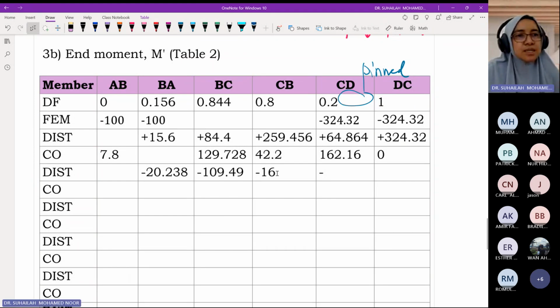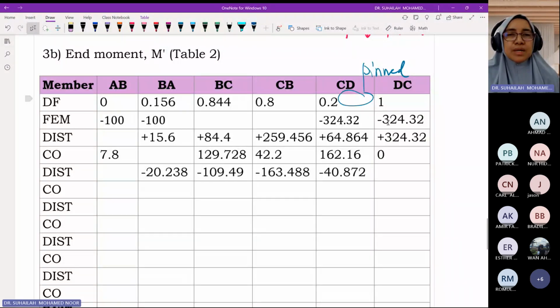Okay. So to find the fourth answer, this one, it becomes zero. Okay, that 4 becomes zero. So it is 40.872, and this 40.872 is 0. Okay, the factor is 0.